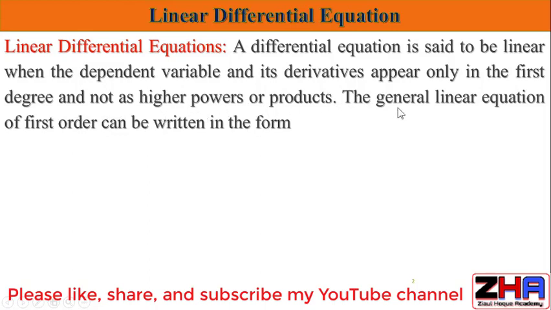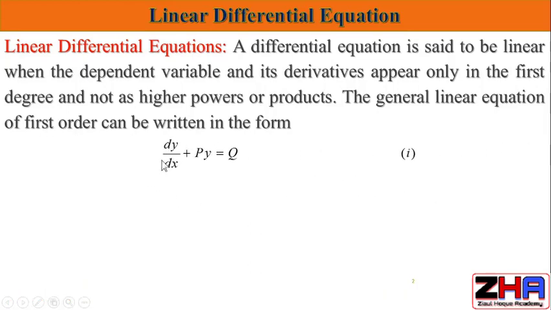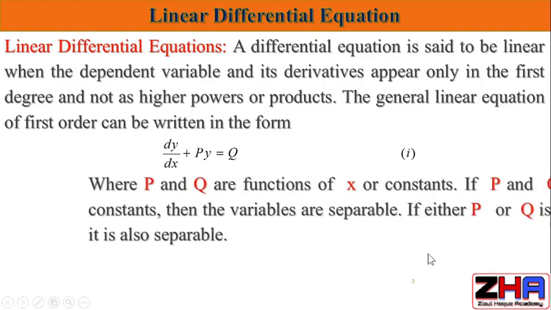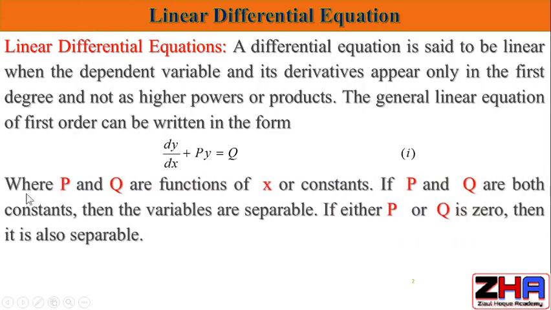The general linear equation of first order can be written in the form dy by dx plus py is equal to q, where p and q are functions of x or constants.